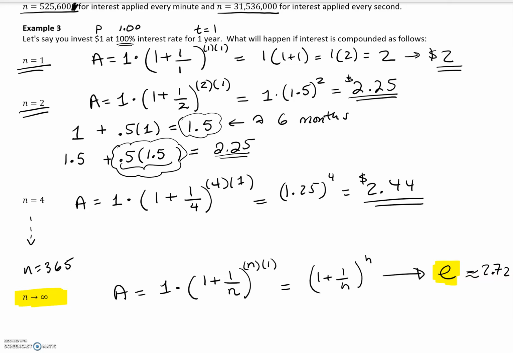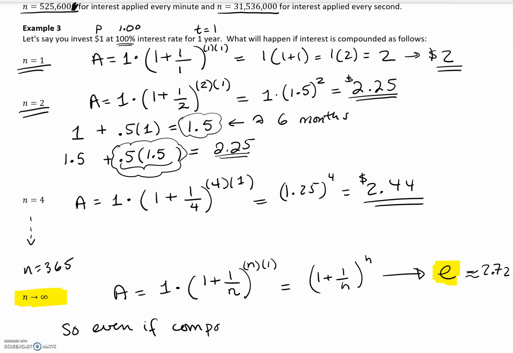In other words, even if it's compounded over and over and over, like 365 times or every second or every minute, your money is eventually just going to get you $2.72. You're not going to make your money grow bigger because you're just looking at that 1 year, and the number of compounds are increasing and becoming bigger and bigger.